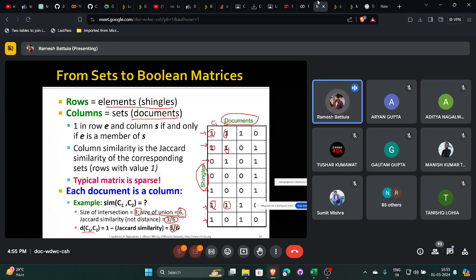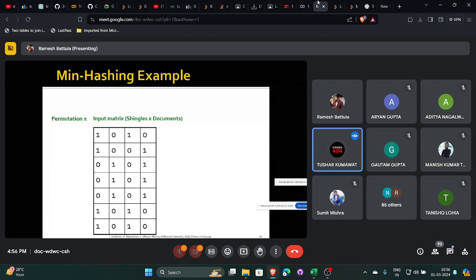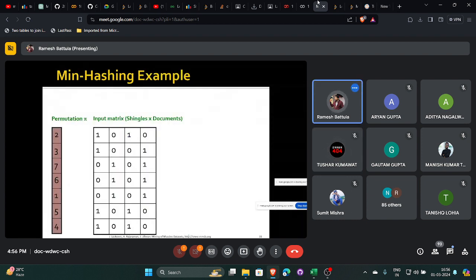Those values you need to randomly permute. We are going to permute the hash values. Clear now? Yes, sir.